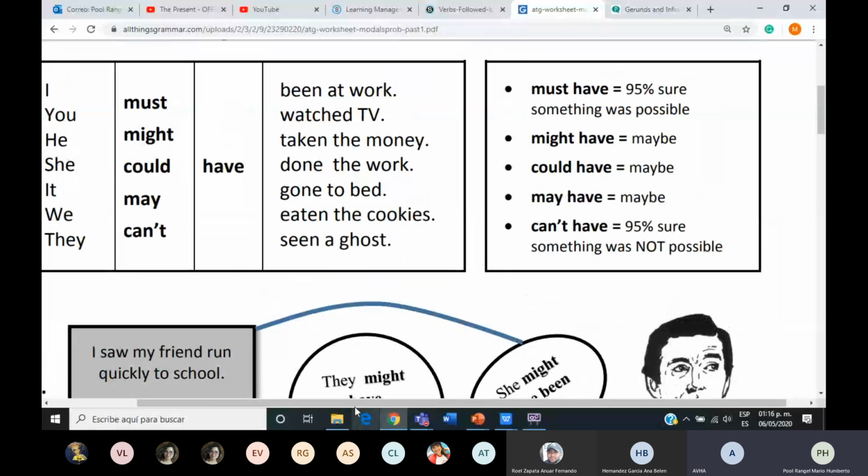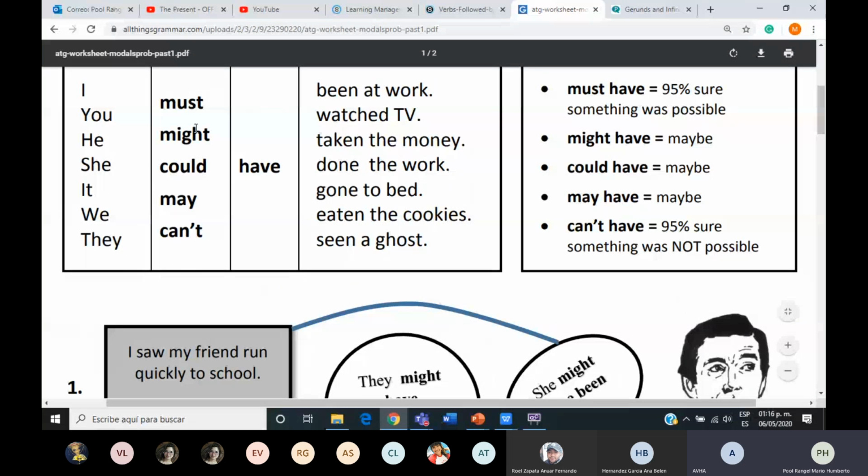Acuérdense, tenemos el must, may, might, could, can't, o también tenemos el couldn't, el mustn't, para negativos. Siempre con have de auxiliar, and the verb is always going to be in past participle, like I must have been at work. Pero pues bueno, like, you must have eaten the cookies.